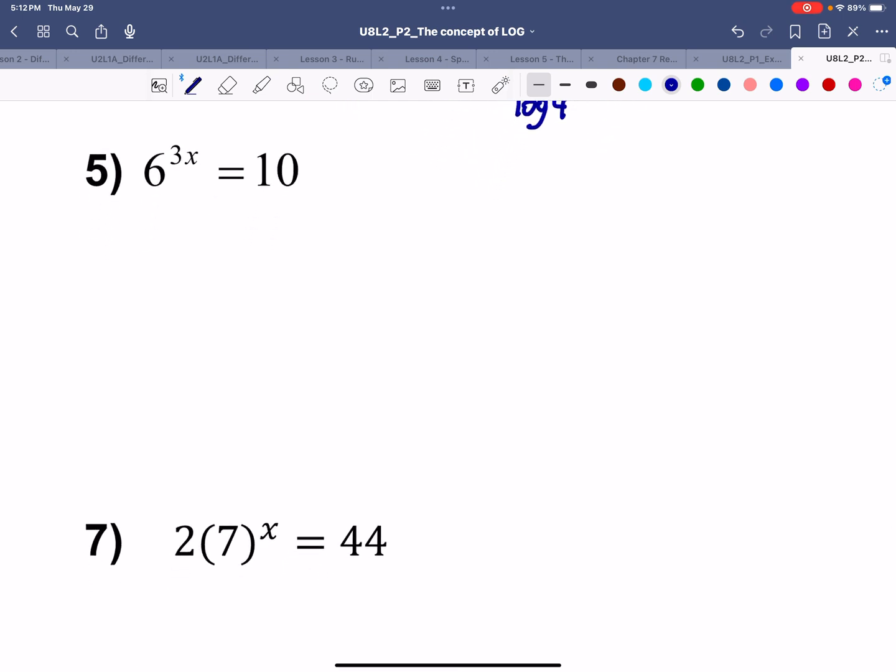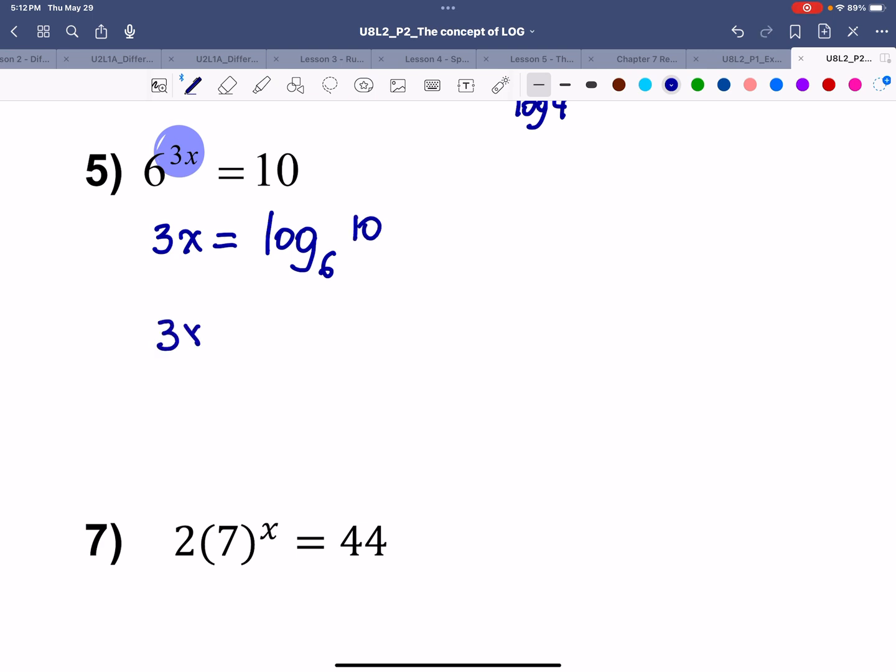You have 6 to the power 3x equals 10. So the exponent is 3x. So what we're going to do is solve for 3x first. And we're going to say that 3x is the exponent, or we're going to say the log that we must give to base 6 to obtain number 10.